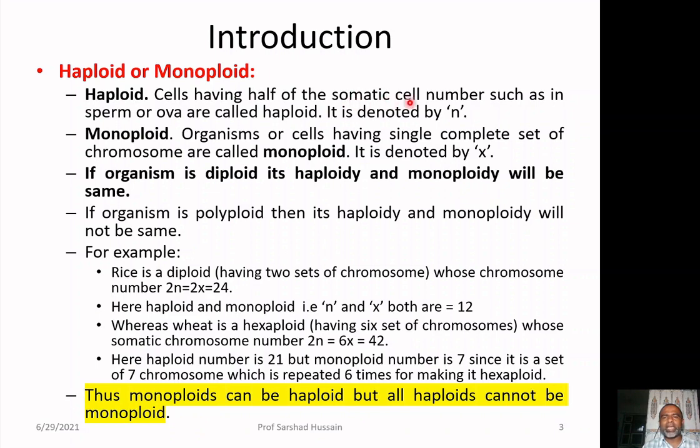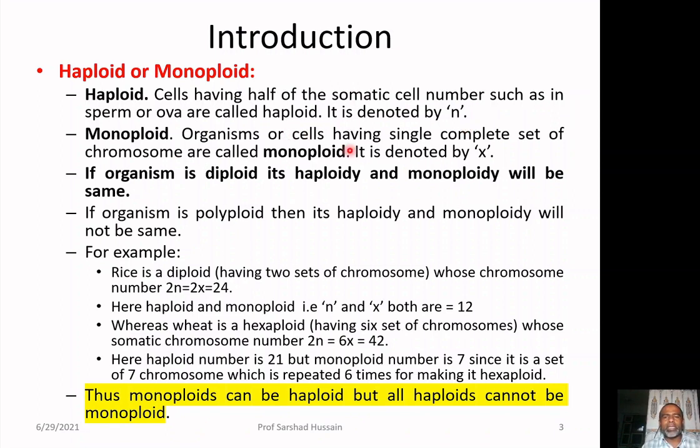Normally somatic cell number, that means the cells of the soma of the body, that means the cells other than the germ cell line or the gametic cell. The somatic cell of the body generally have the two set of the chromosome. So, half of them means one set of chromosome. So, that is called as haploid and is designated by n.